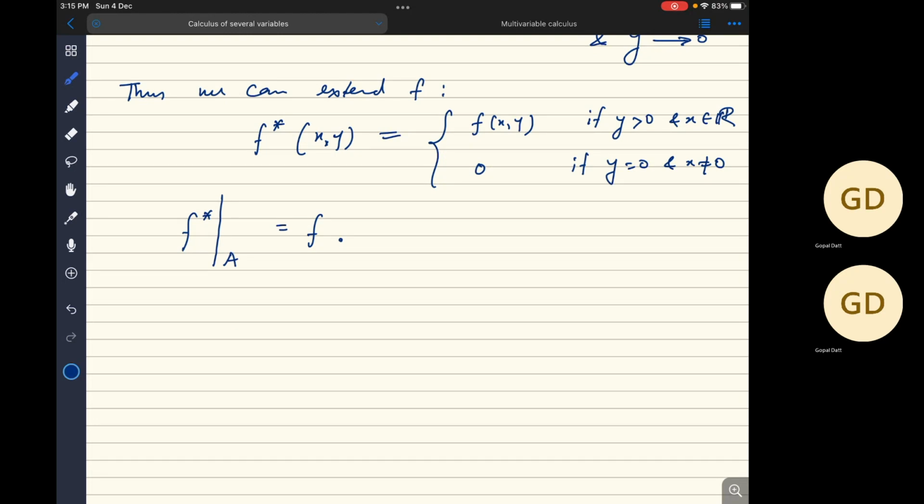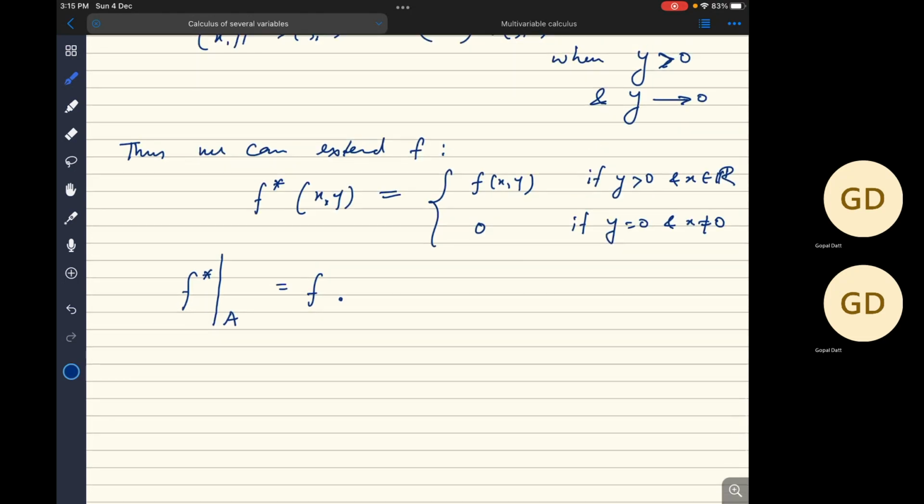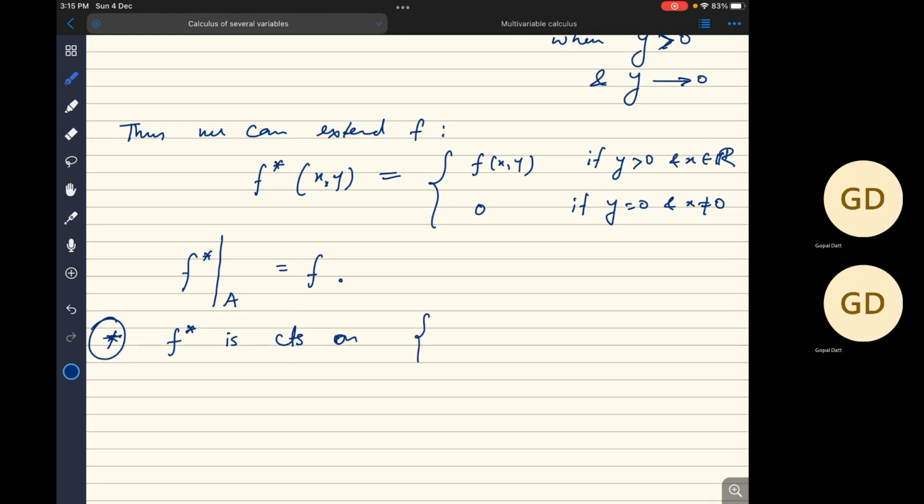So what we get, this new function will again be continuous. So here we know f star is continuous on, say, the closed upper half plane minus the origin.